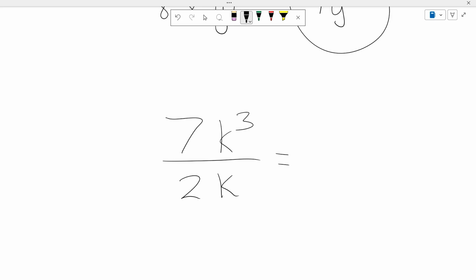Can you reduce 7 halves? No. Now, do the problem without speaking anymore. If you cannot reduce 7 halves, you leave it as 7 over 2. Sometimes you can't reduce.